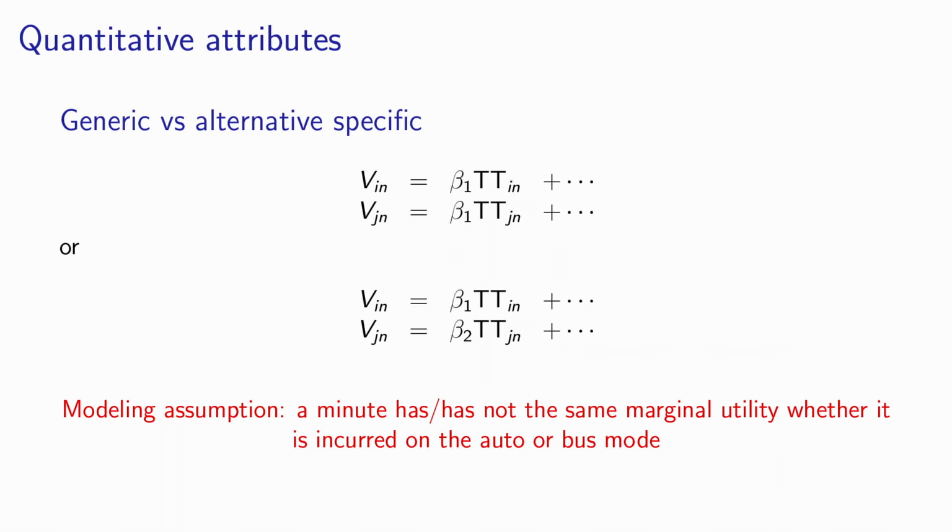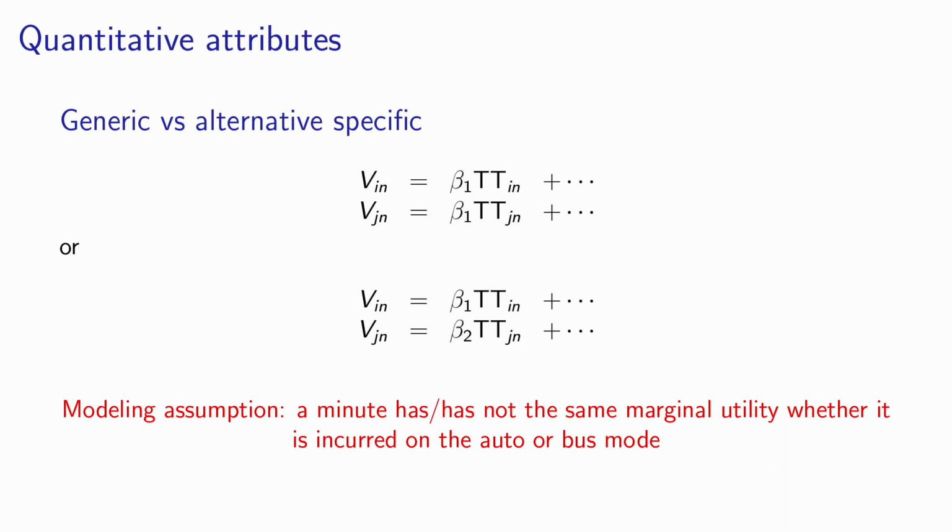Another important feature that you need to keep in mind when you include a quantitative variable in a specification is to decide if this variable will be generic or alternative specific. What does it mean? Let's compare these two specifications. In the top specification, the travel time is involved in two alternatives.